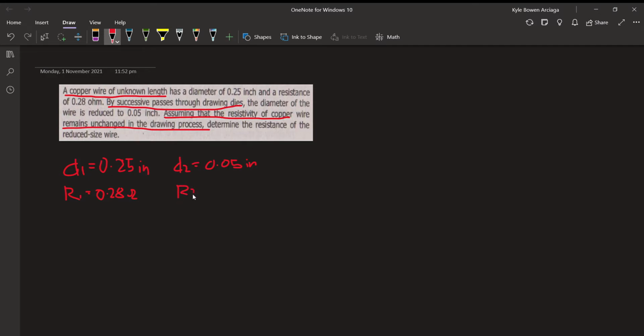So we're going to find the other two conditions. One, assuming that the resistivity of the copper wire remains unchanged, so there's a drawing process.